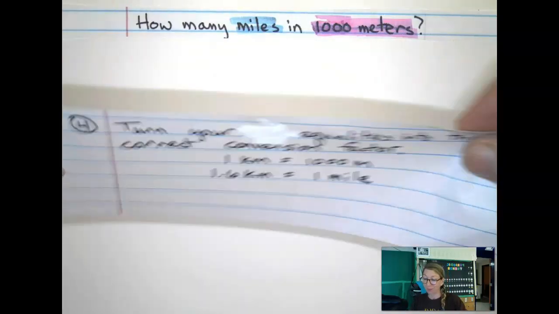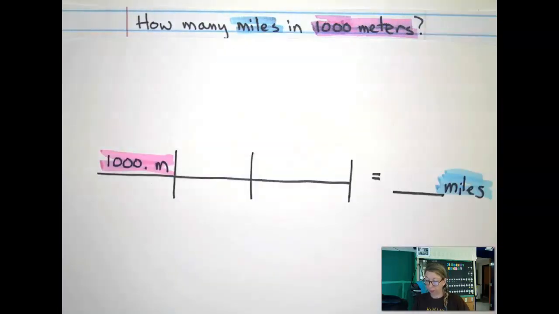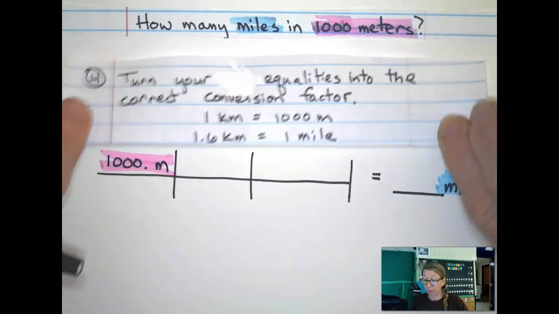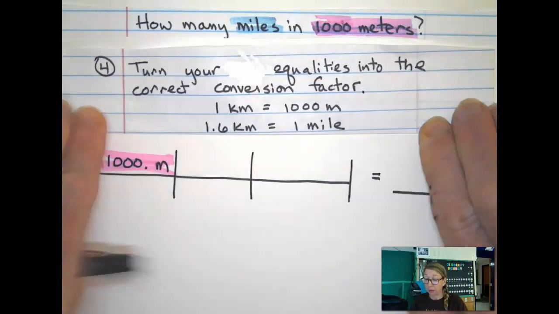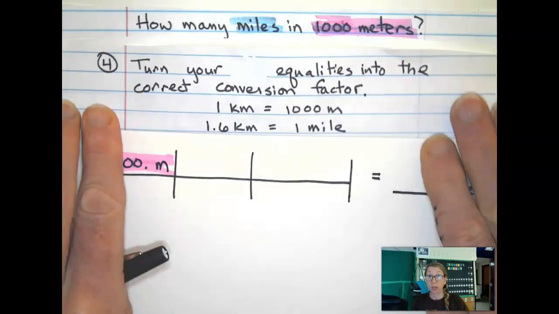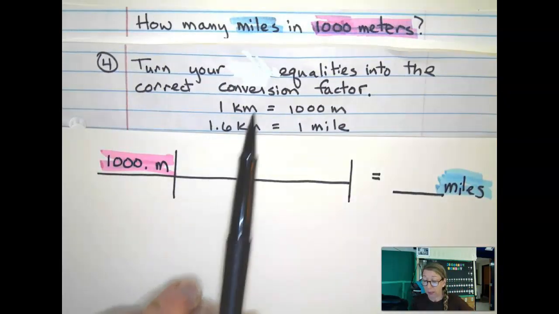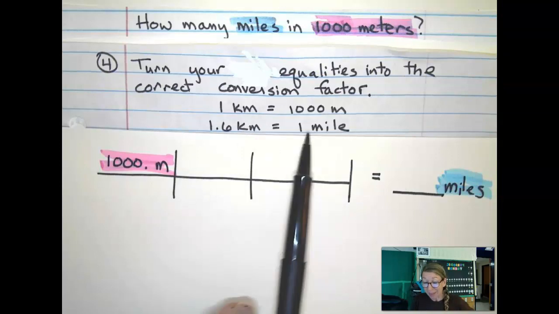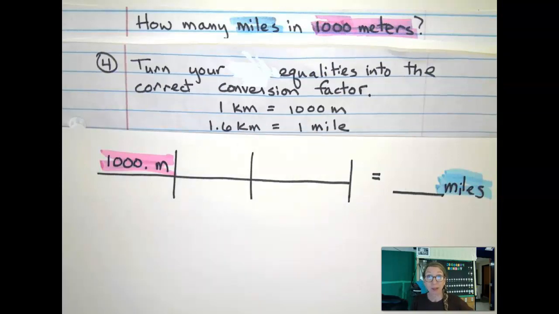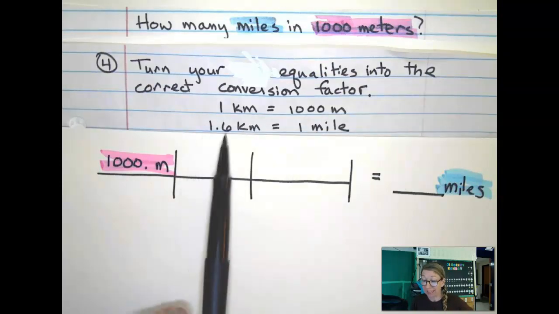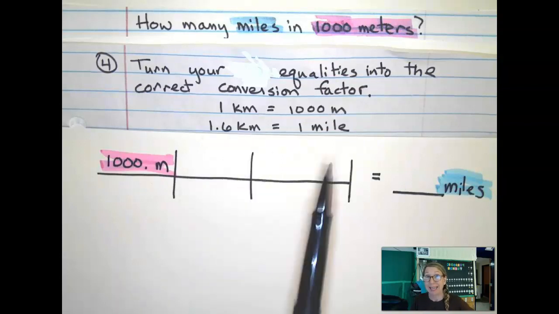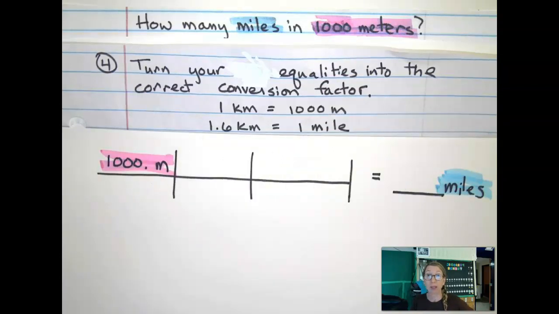Next, I'm going to turn the equalities that I know into the correct conversion factors. So equalities, I know that 1 kilometer, this is a unit, is the same distance as 1,000 meters. I also know 1.6 kilometers is the same distance as 1 mile. Those are equalities.